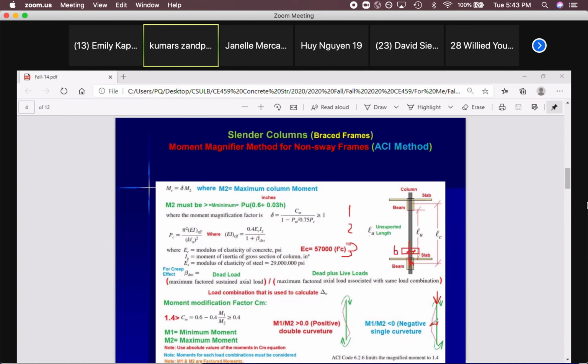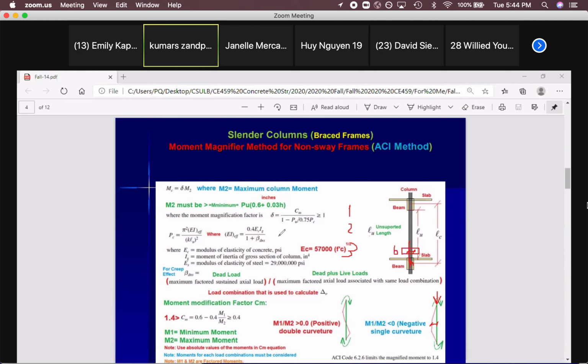If it just deflects, then the weight that is on top of this column will create moment, that force times this distance, and it will be added to the moment. How can we consider that? That's the equation. I hope it's completely clear. If it's not clear, please let me know, because if you understand the concept, you can absorb it easier and faster.